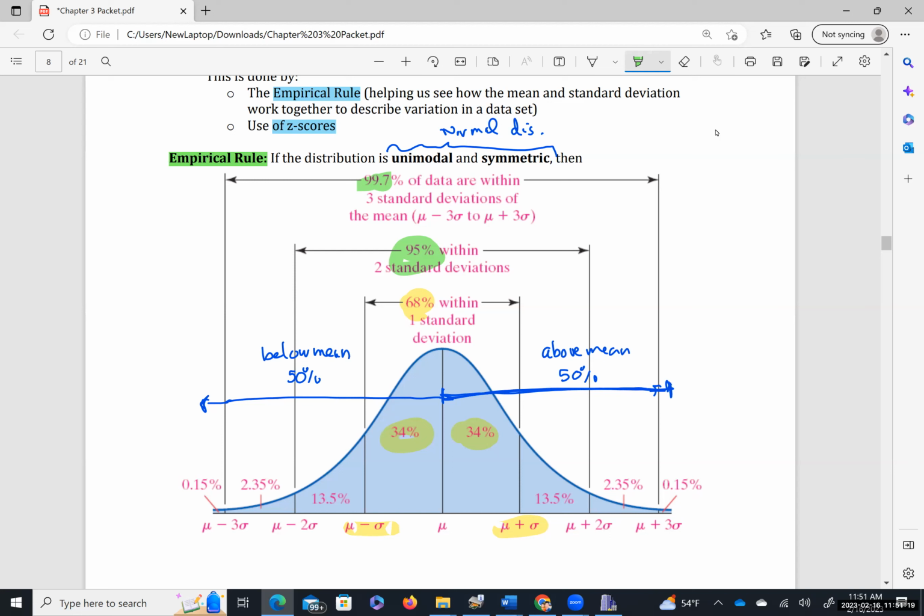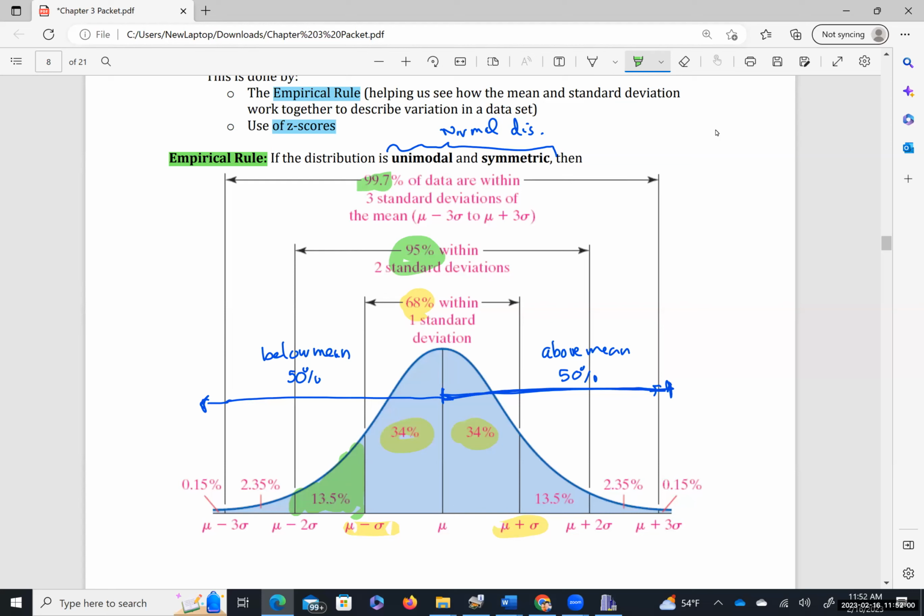According to symmetry, we can find some partial areas, such as from the mean minus two standard deviations to the mean minus one standard deviation. You can see that it was only the green area here, going to be 13.5%, something like that.